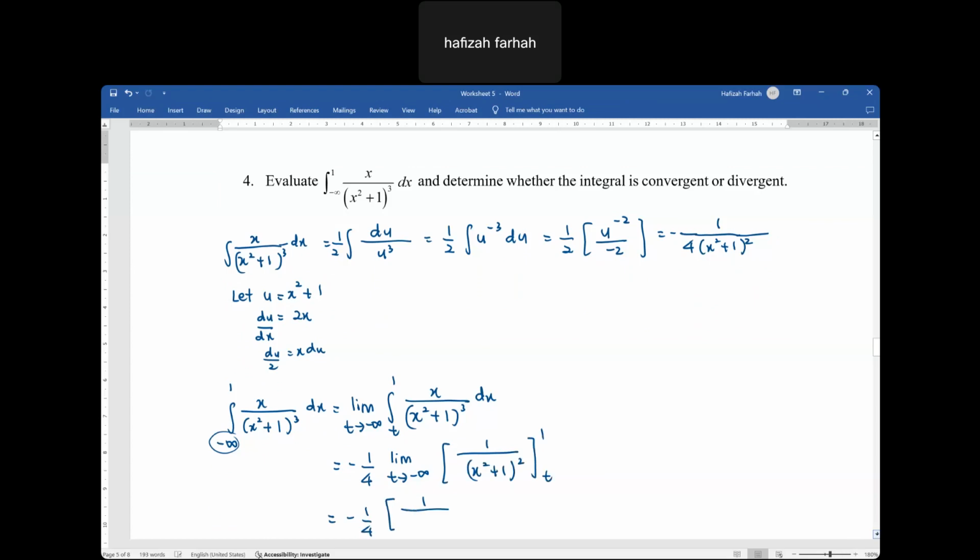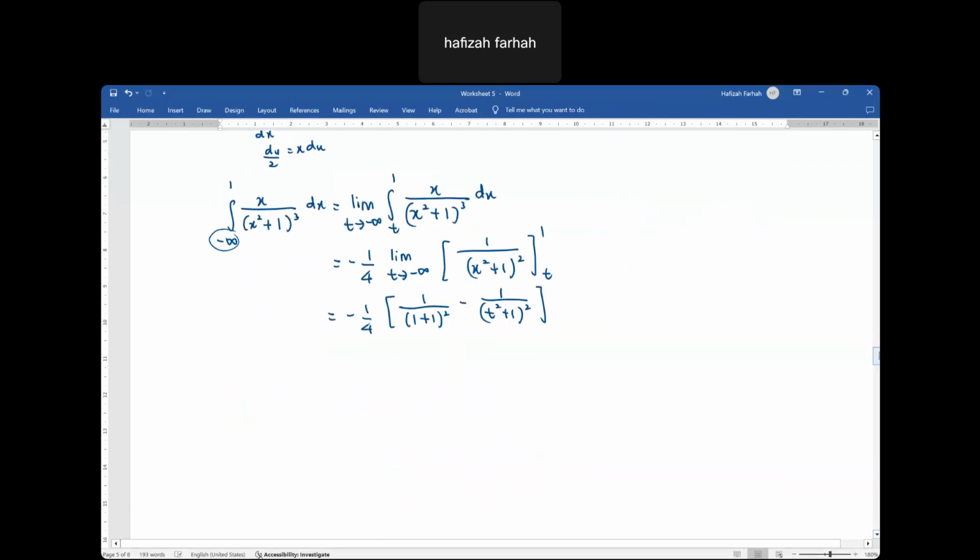Now just substitute, you get 1 plus 1 minus 1 over t squared plus 1 squared. Here we still have to write the limit as t approaches negative infinity.